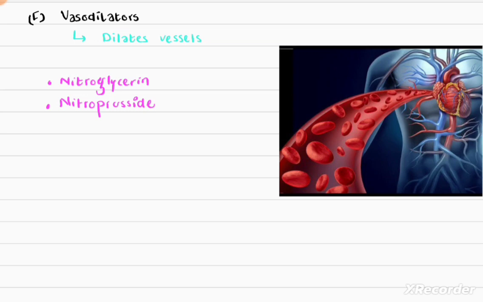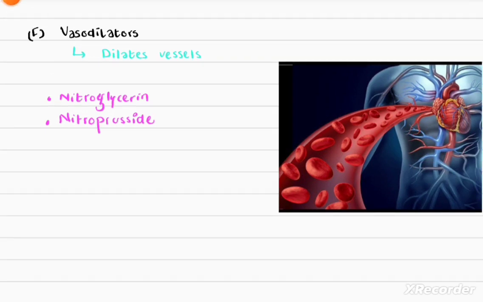There are some enzymes that are released from the cardiac atria and other tissues, which are known as ANP and BNP, which are known as atrial natriuretic peptide or the brain natriuretic peptide. So there are some drugs which inhibit the enzymes that are responsible for the destruction of both these molecules, and these molecules have a vasodilatory effect.